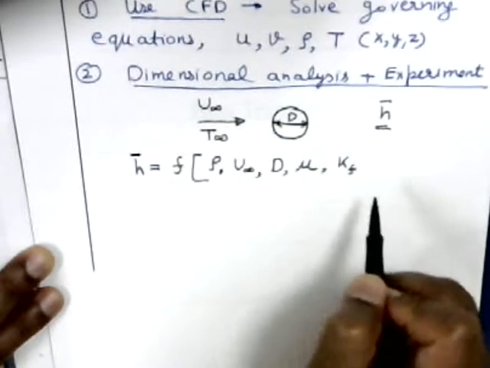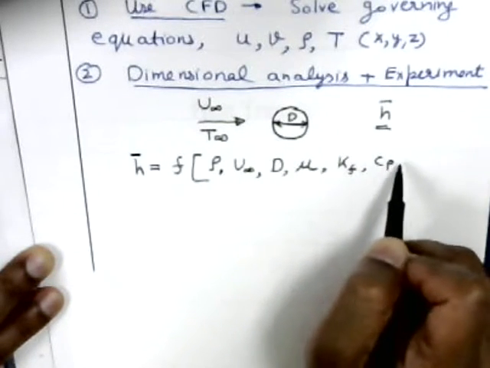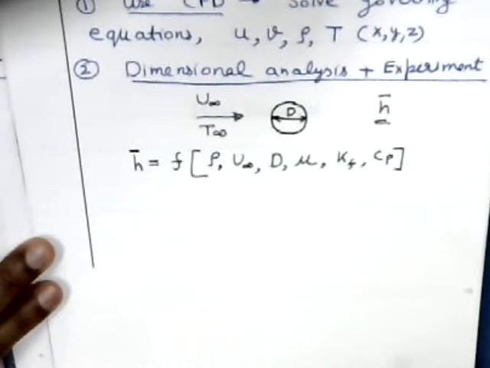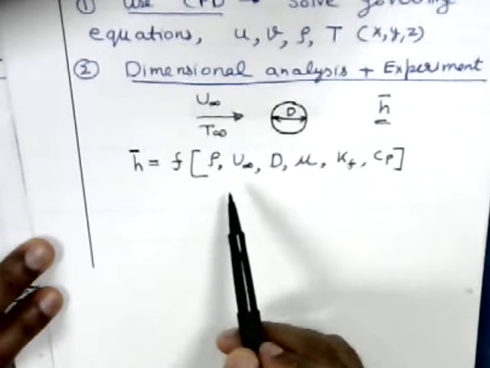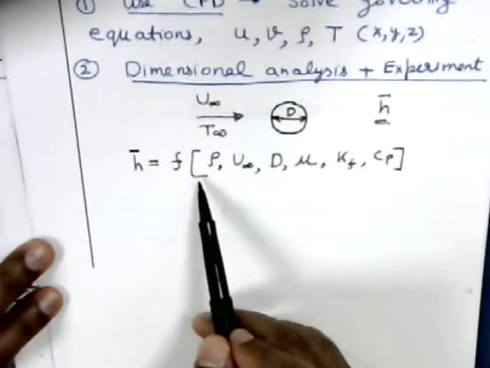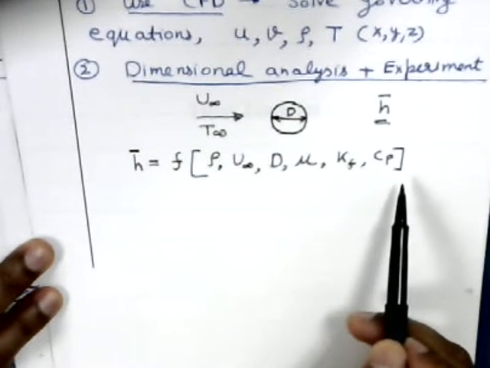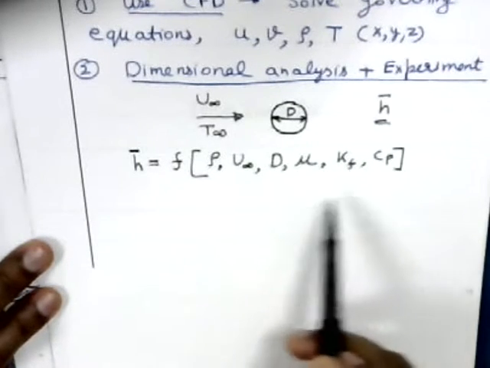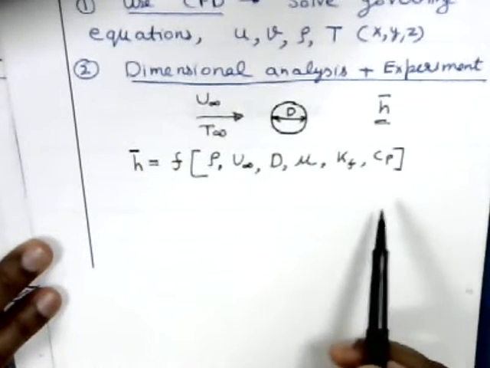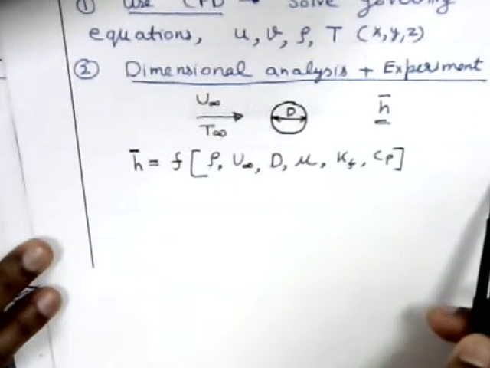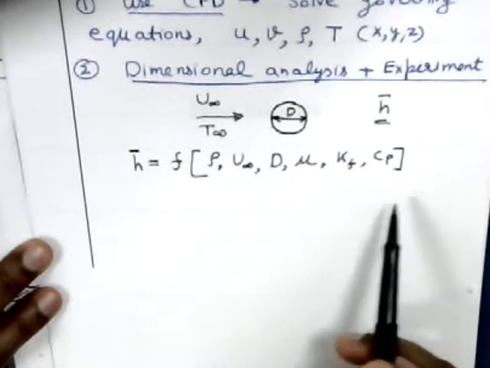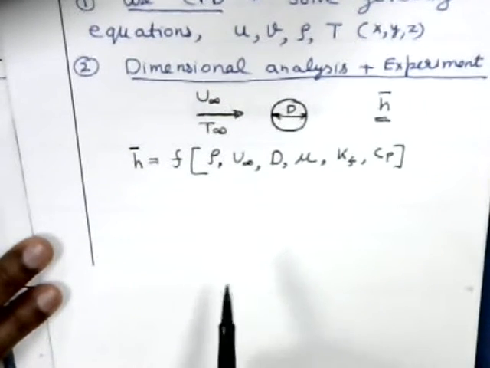And the specific heat of the fluid, Cp. These are going to be important parameters. Now, we have to be very careful when we are writing like this, because if you miss some of these important parameters, then the analysis is going to be wrong. And if you include more parameters, then you are making it unnecessarily complicated.